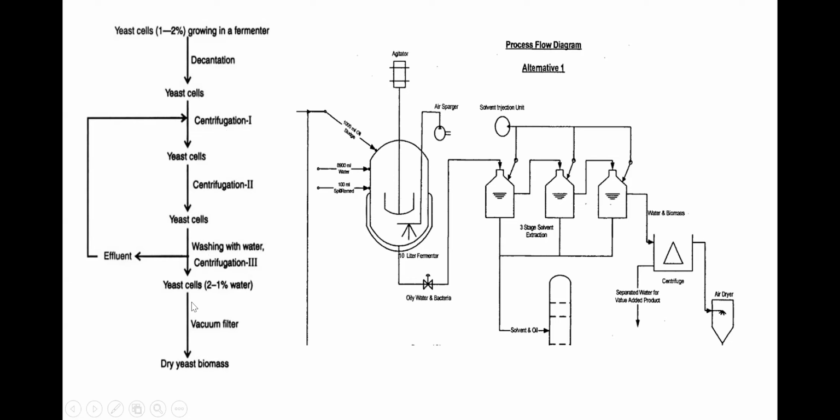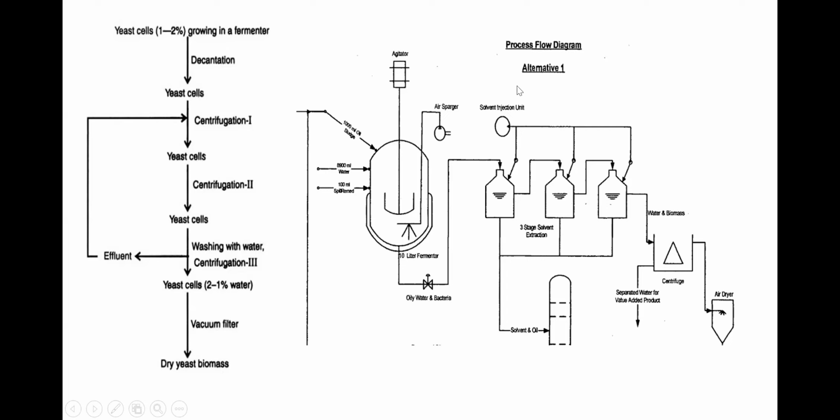Finally, the yeast cell is already quite pure. It becomes like a slurry, like half solid phase, with only very little water content. Still, it will go through filtration, often under vacuum conditions, to produce a dry yeast biomass, which can be used as a single cell protein.